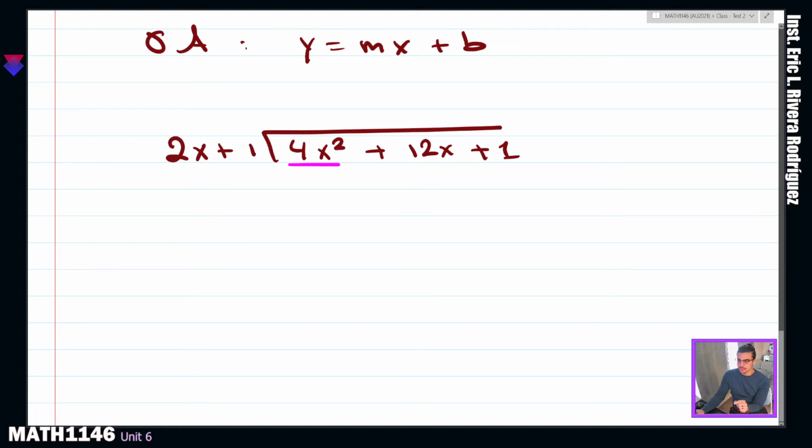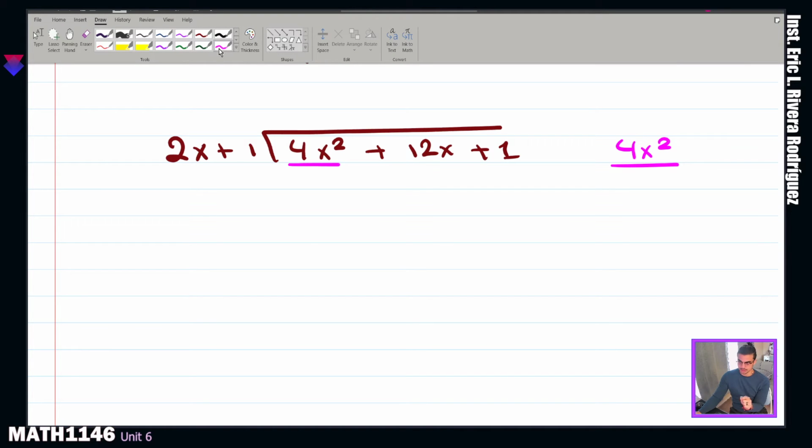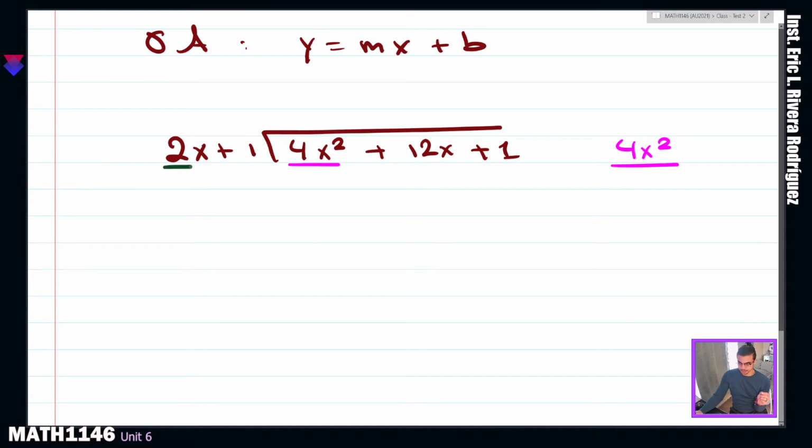The first thing that we are using here is 4x squared. What are we going to do with that? We are going to take 4x squared and divide it by the leading term of the polynomial that is outside, the divisor, 2x. So you are going to do that division.